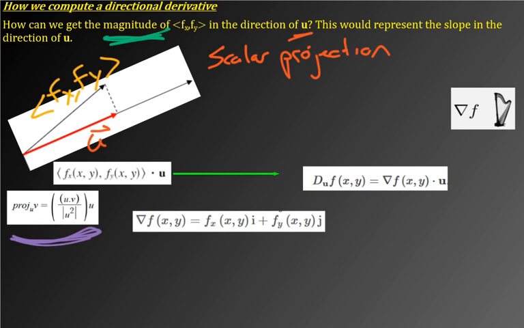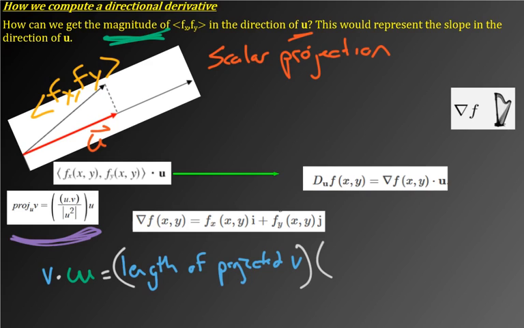And it turns out, so this is kind of deep and beyond maybe what I really want to get into, but if you have some vector v and you dot it with some vector w, then in conceptual terms, what this actually means is it's the length of the projected v times the length of w, right?